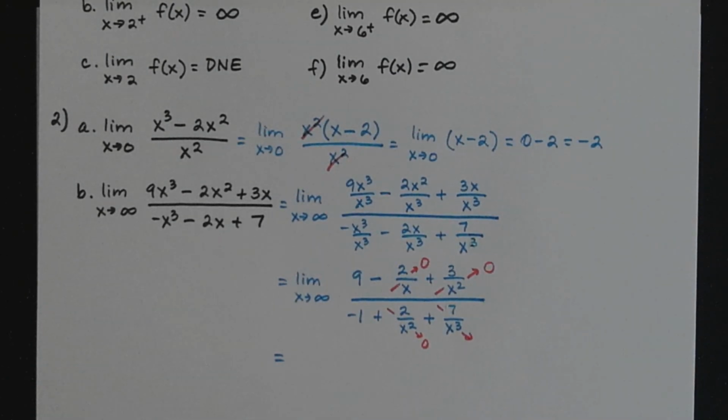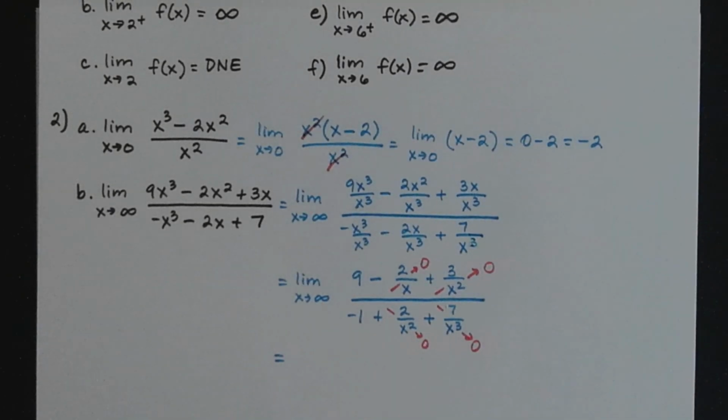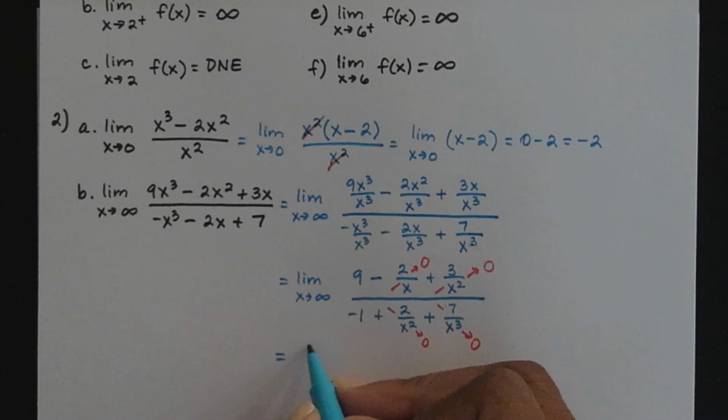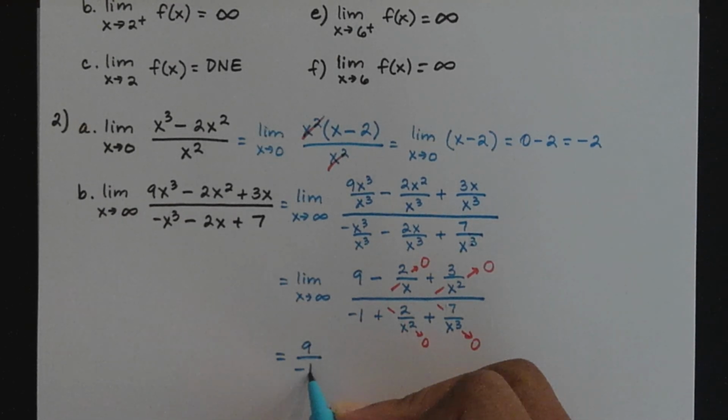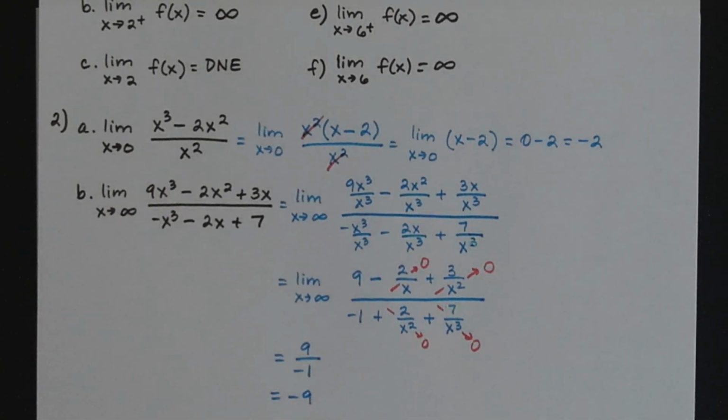And as we let x approach infinity, the 7 over x cubed also goes to 0. And of course, the limit of a constant is a constant, so that means I have a 9 over negative 1 that ends up equaling negative 9. So the limit as x approaches infinity of 9x cubed minus 2x squared plus 3x divided by negative x cubed minus 2x plus 7 ends up being negative 9.